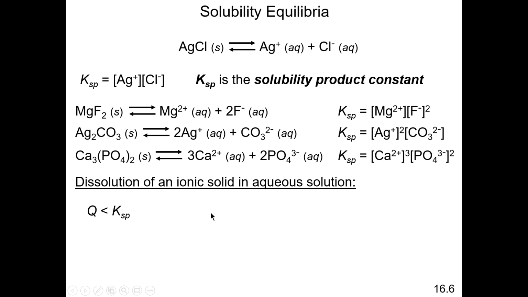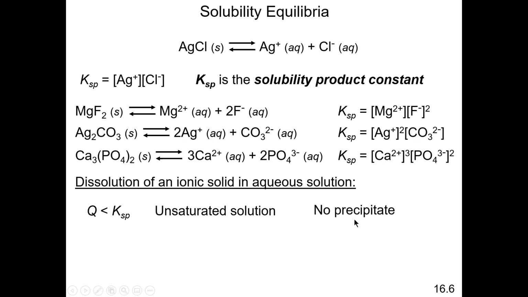Okay, so the dissolution of an ionic solid in an aqueous solution can be predicted. In other words, if you have two ions that would potentially make a precipitate, you can determine whether or not the concentrations are sufficient in order for the precipitate to form. So if the Q is less than Ksp, there's no precipitate formed. It will be an unsaturated solution.